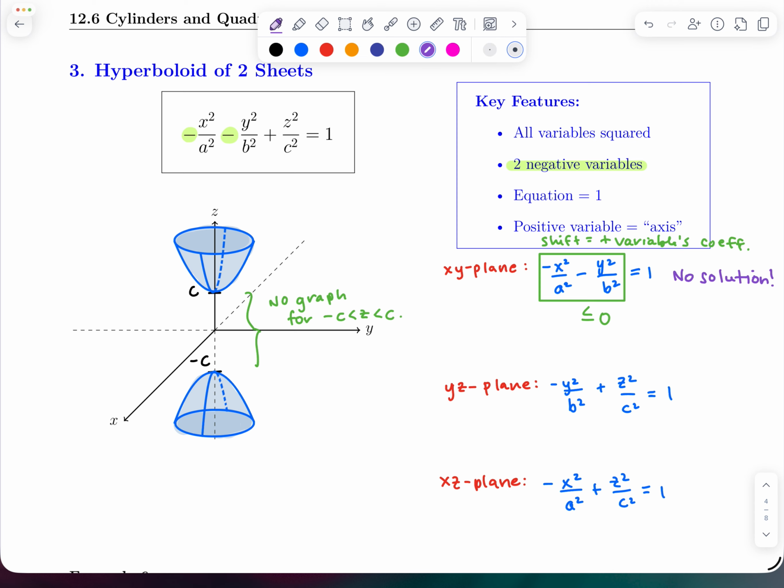If I look at z equals c, so I'll go ahead and write that here, then that would be what I would get if I sub in c for z, and I'm going to get negative x squared over a squared minus y squared over b squared plus c squared over c squared equals 1.